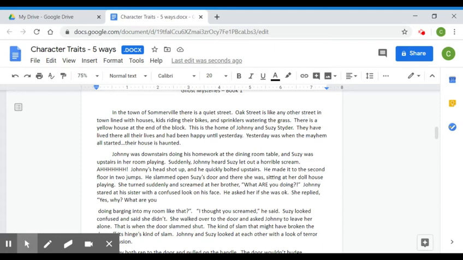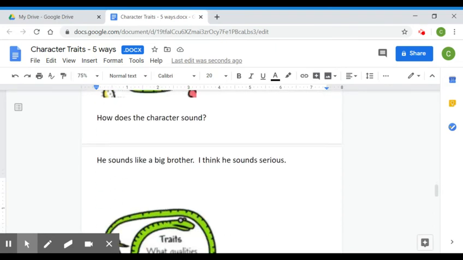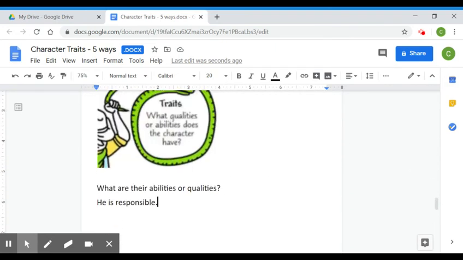How else is he responsible? Well, again, I go back to that other clue. He ran upstairs to check on his sister. That makes him a responsible big brother. So he is responsible. He is brave. Well, okay.